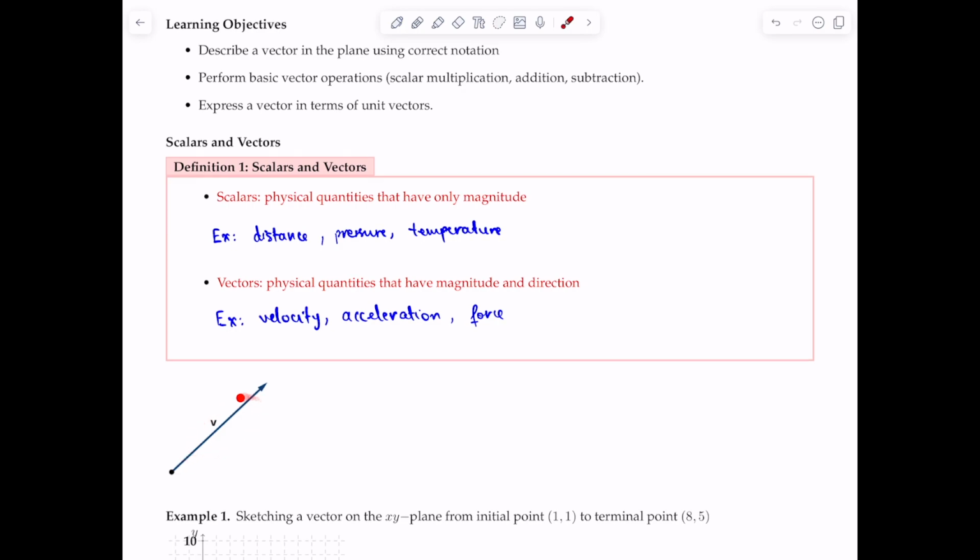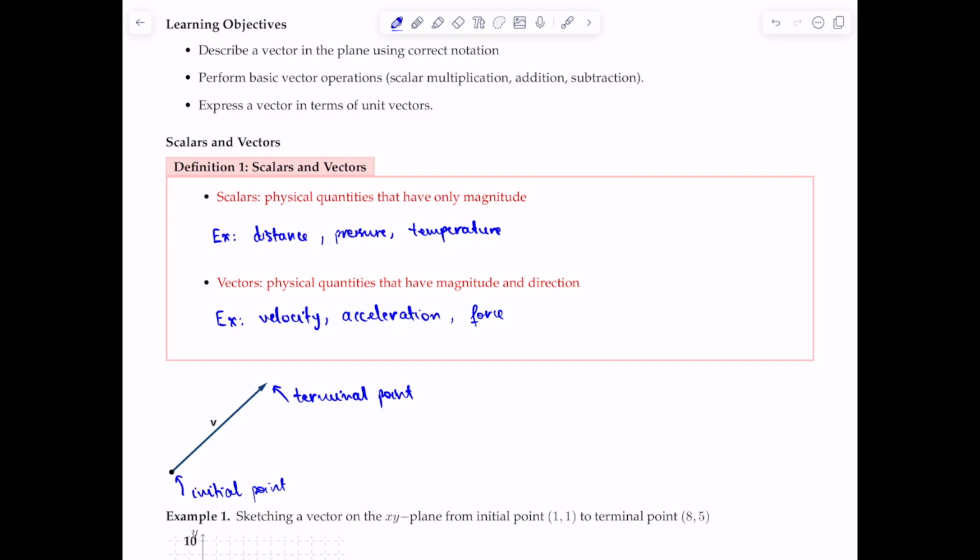So what you see here is an image of a vector. A vector consists of 2 points. The first point is called the initial point. And the second point, at the arrow, is called the terminal point. In mathematics or in physics, usually a vector is denoted with a bold letter.